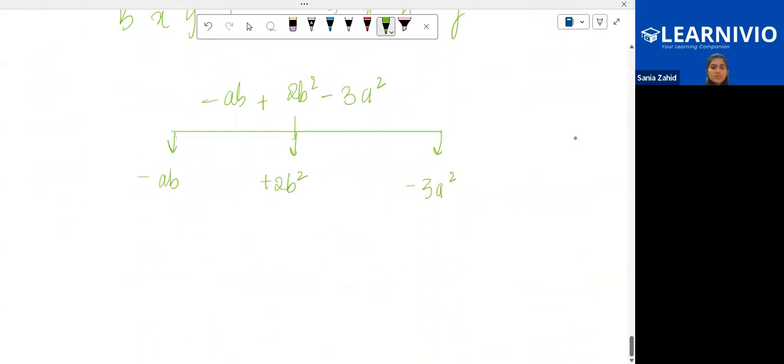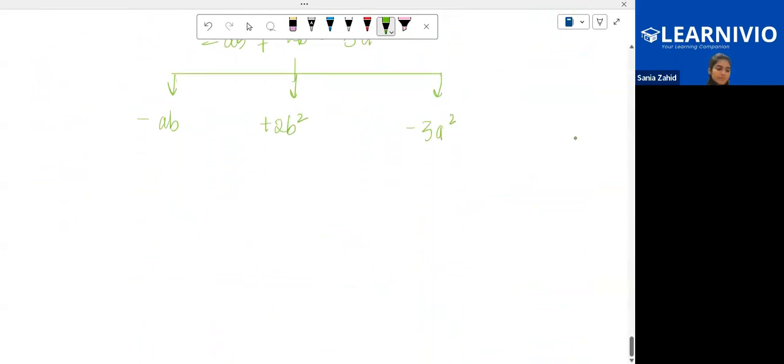Next, minus A and B, and there are 3 for that, 2, b and b. Then it also has 3: minus 3, A and A. Very good. So I hope you're clear with the factor tree now.